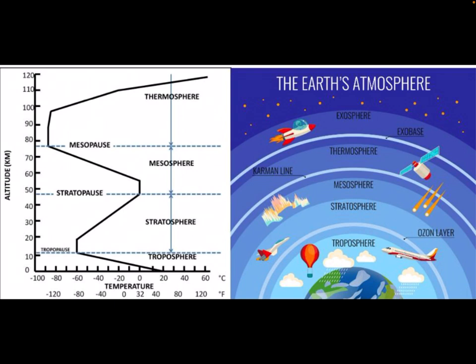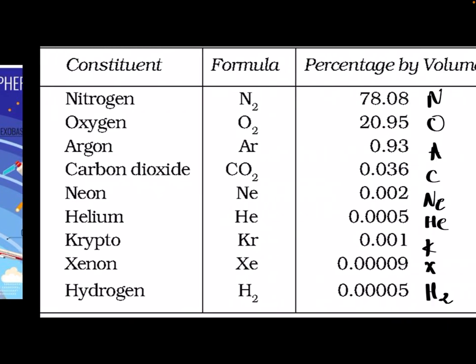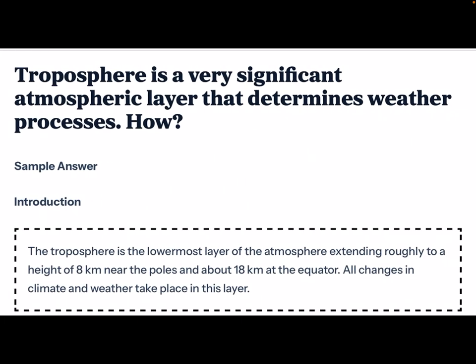And the question has been asked in PYQs: the troposphere is a very significant atmospheric level that determines the weather process; how? We will start the introduction by saying the troposphere is the lowermost layer of the atmosphere, extending roughly from 8 kilometers near the poles to 18 kilometers at the equator. Why is the troposphere a significant atmospheric level and how does it determine the weather?